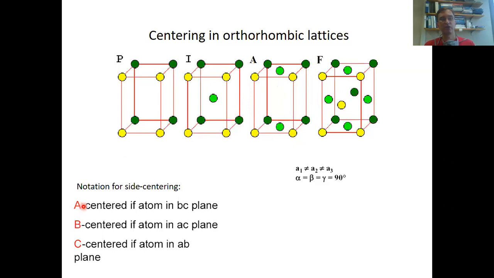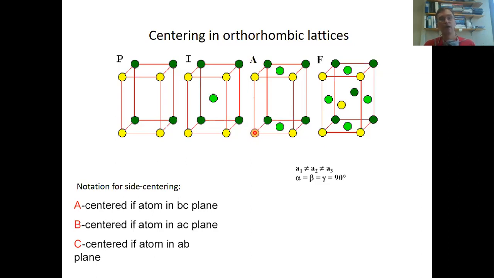Now when we have A-centering, that means that we center the atom in the BC plane. So we just define this, for instance, as the lattice parameter B. This would be our lattice parameter C, and that here would define the lattice parameter A. It's of course arbitrary how you define the lattice parameter.